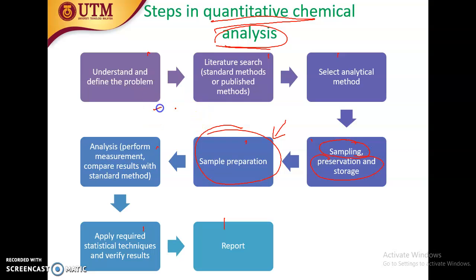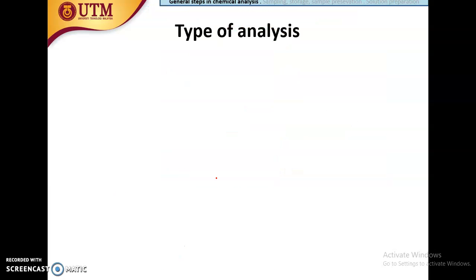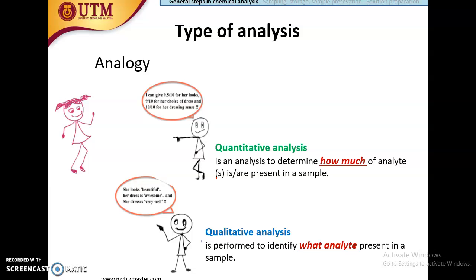We will go through each of these one by one after I show you this next slide on the types of analysis. We have two. Quantitative analysis is an analysis to determine how much of an analyte is present in the sample. Like in this cartoon analogy, I can give 9.5 over 10 for her look, 9 over 10 for her choice of dress, and 10 over 10 for her dressing sense.